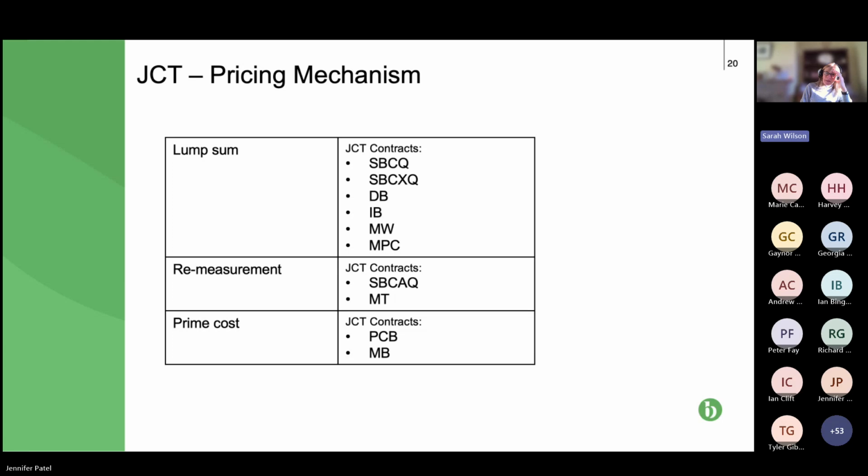And the other thing is that where we have a flow through of clauses between our engineering and construction contract and subcontract, and as we've seen to an extent, the professional services contract, there is a flow through on all of the JCT, but it's not as clear a flow through.